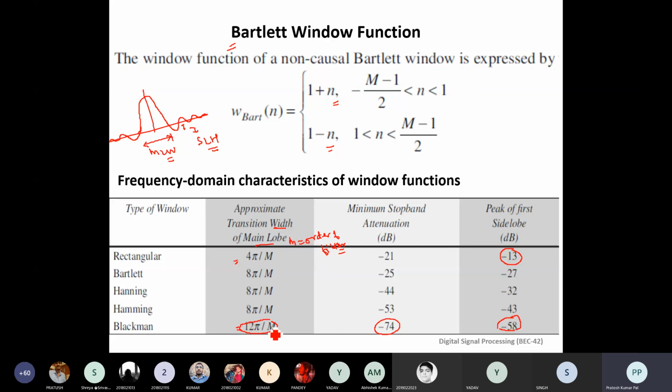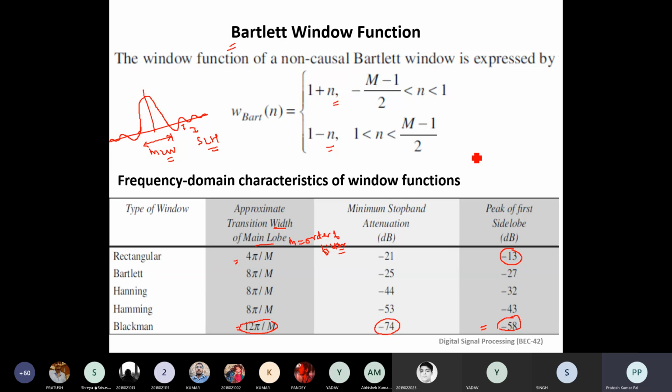But at the same time, it has the minimum side lobe height. So we have to compare these different characteristics of different window functions, and find which window function is going to satisfy our specification.